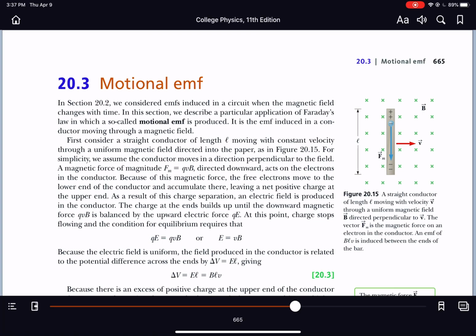And the problem says that we're moving this wire through the flux lines going to the right. In other words, as long as you have motion between the wire and the flux lines, if the wire is breaking through the flux lines, so to speak, you are going to induce a charge, a current, I should say, or a voltage.